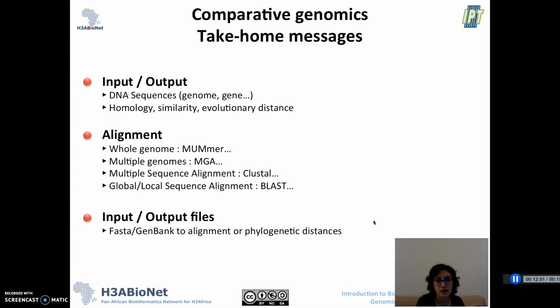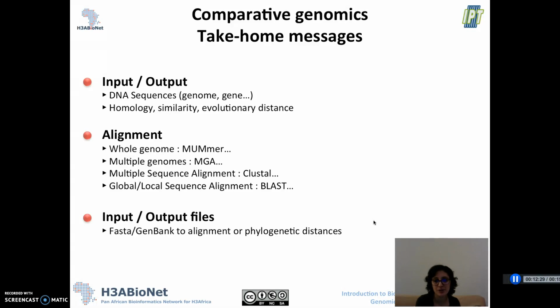And don't forget that you need to understand what the required input files are and what the output files are, because based on these output files you would know how to interpret your alignment and how to evaluate the phylogenetic distances between your sequences or your organisms of interest.